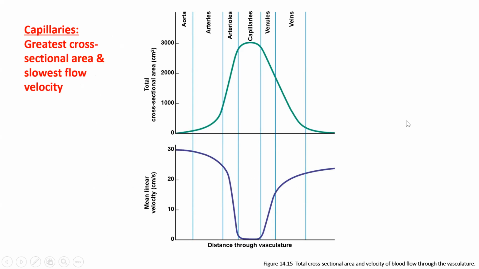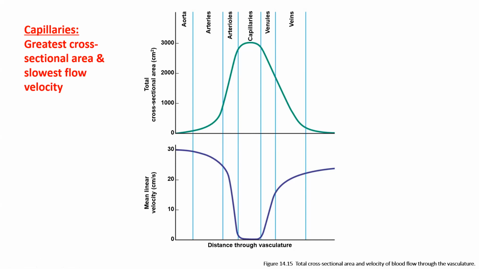So we're looking here at the total cross-sectional area of capillaries. And what we're seeing is that as we get to the capillaries, because there are just so many capillaries, the total cross-sectional area is the greatest. Therefore, the velocity of flow is the lowest. A practical way to explain this is think about a river that's running under high pressure that dumps into a lake, okay?